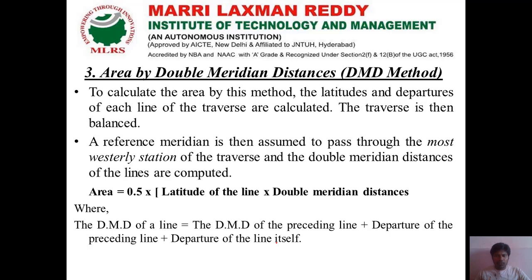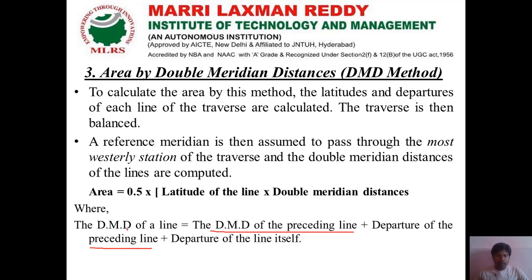For the first and last line we have only the departure of the line itself, but for the lines in between we have both the DMD and departure of the preceding line.